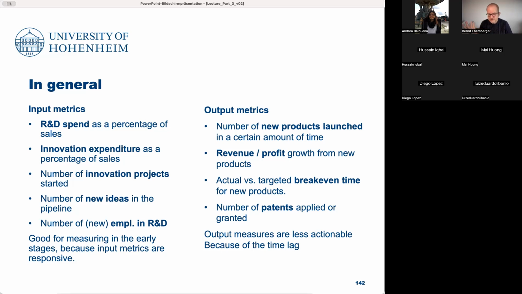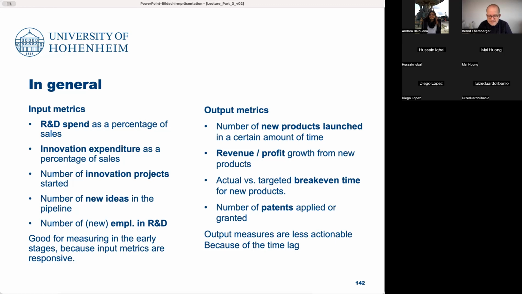You could also think about measuring not only the level, but also the dynamics. So the change in R&D spend, the change in innovation expenditure.